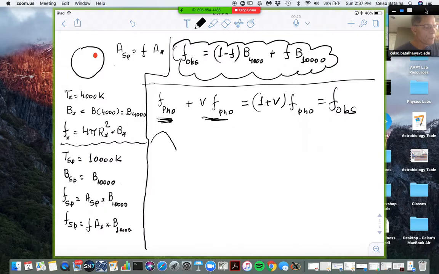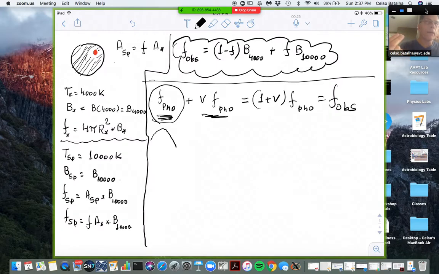So what we observe is what comes from the photosphere itself, minus the spot, plus the continuum that comes from the spot. We are saying it is some factor that multiplies the continuum photosphere at a particular wavelength.